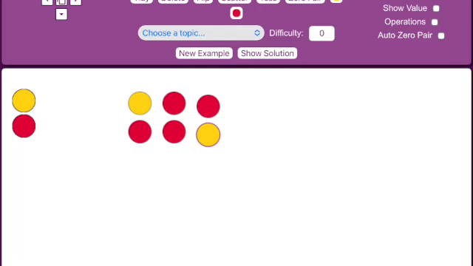In real life, if these were people, it might be how many people wear glasses out of my whole or my set. How many people are wearing blue out of my whole or out of my set. How many people are wearing red out of my whole or out of my set.